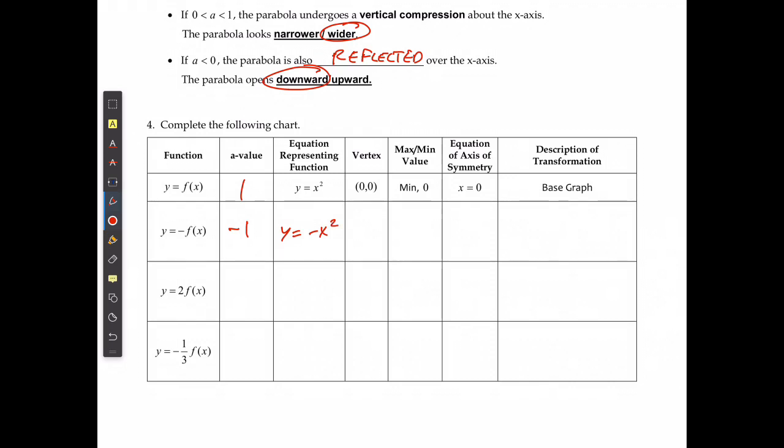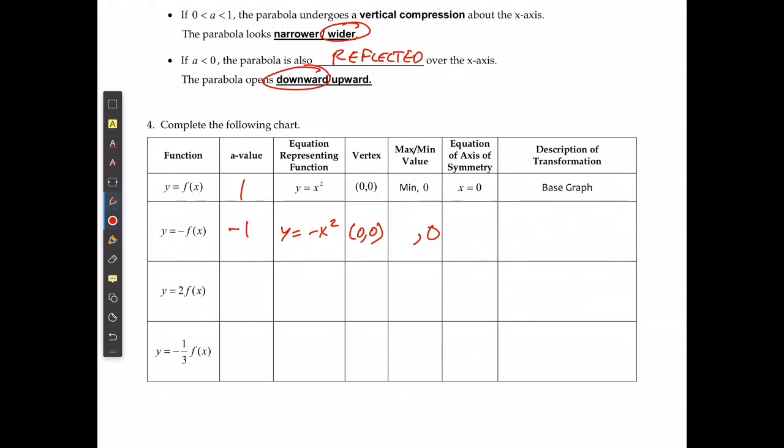Now, we've seen that with the a values, every single one of them had the exact same vertex because it doesn't move it left, doesn't move it right, doesn't move it up, doesn't move it down, it just changes the shape and direction. So unless we have a p or q value, the vertex stays the same. Now, it's not going to change what the minimum or maximum value is. It is going to change if it's negative.